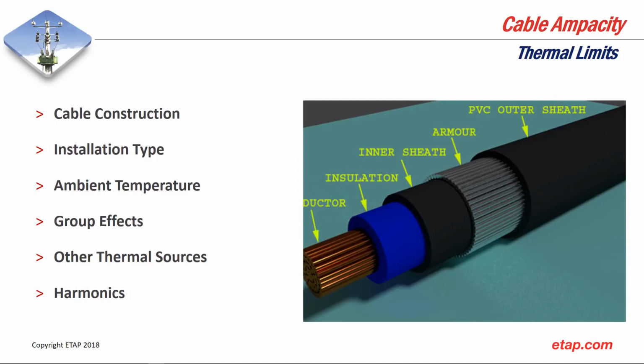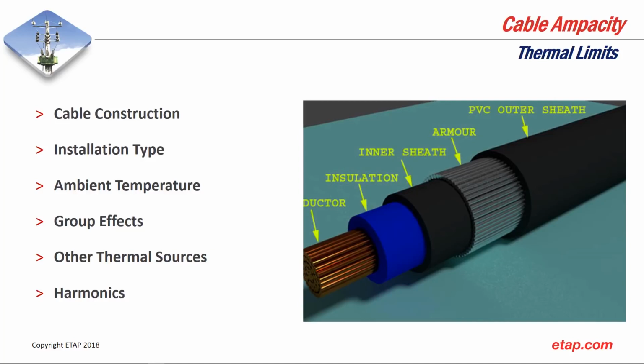The grouping effect, especially when we have cables on a particular cable tray or underground. Other thermal sources would also have an impact, like if there's a steam pipe near the cable installation, and of course harmonics, which essentially, if we have harmonics other than the fundamental, will increase the heat in the cable.